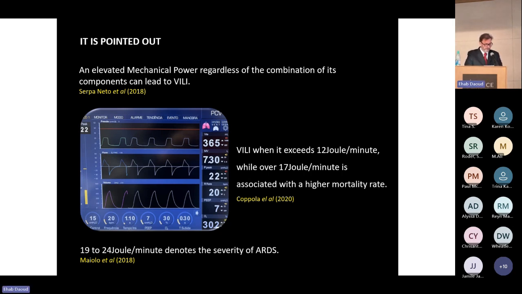Remember, protective ventilation is considered when tidal volume is maintained between 4 to 8 cc per kilogram of predicted weight, plateau pressure is less than 30 centimeters of water, driving pressure is less than 15 centimeters of water, and PEEP is maintained between 8 and 14 centimeters of water.